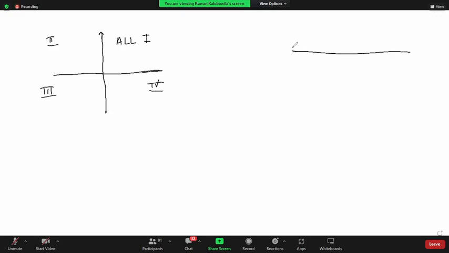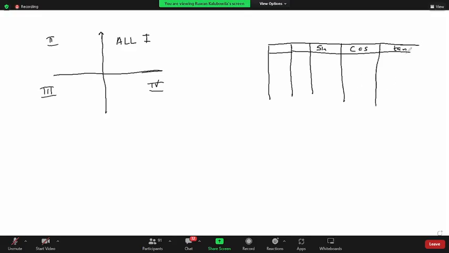You know the table, no? I will write it down, sine, cos, tan. It's very difficult to draw using this small writing pad. That is why the lines are not here. Sorry about that.